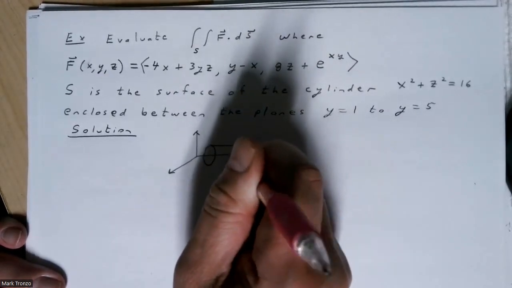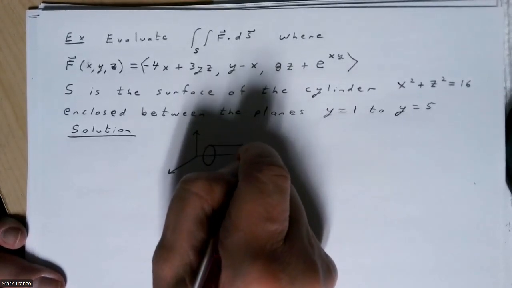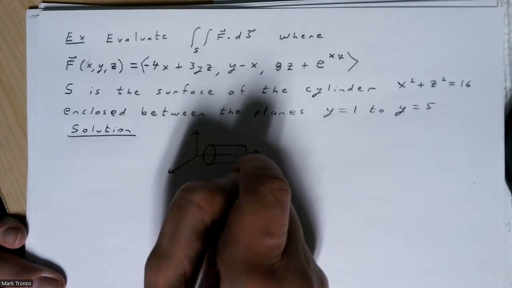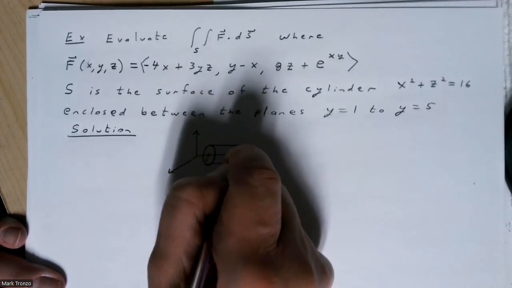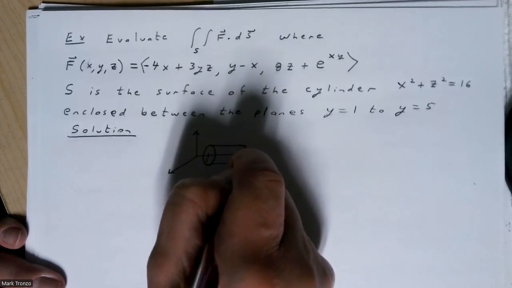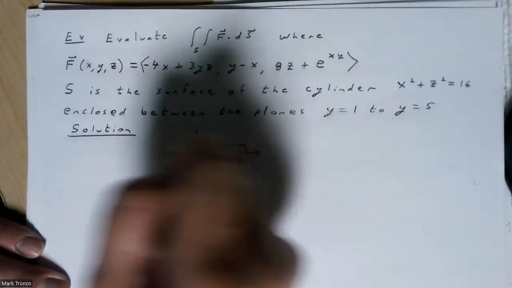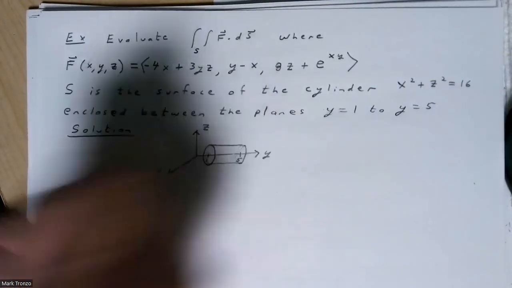That's a bad drawing. Sort of out this way, starting at y equals 1 out to y equals 5. And again, this is x, y, and z.